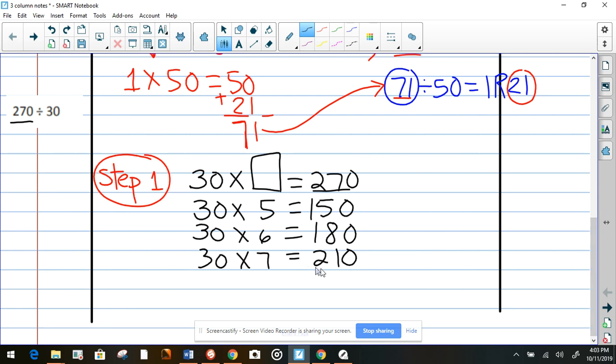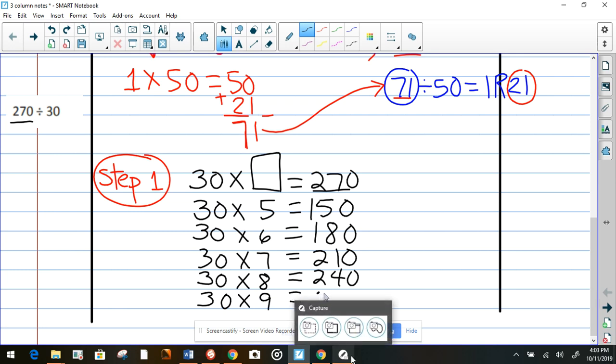As you can see, 210 is getting closer to 270. So 30 times 8 is 240. And 30 times 9 equals 270. Okay, do you see now we found the answer? This is our answer right here. Why? Because, oh, I did not write the whole number. 9 times 3 equals 27. That's 270 here, my friends.